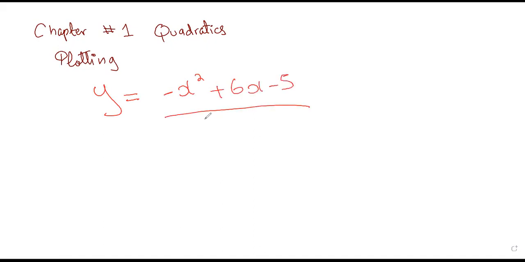How will you plot this? First, we need to convert it to this form: y equals x plus something plus minus something, right? And only then we can plot it. How do we convert this to this type? By the completing square method. Very well done. So can you please both of you do the completing square thing, because we have discussed that already.